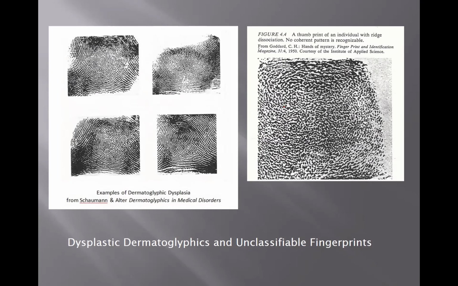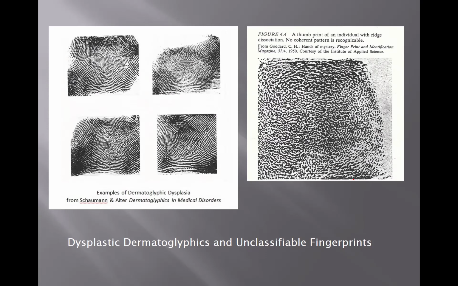With this kind of dissociation of the ridges, they're not coherent as ridges at all. These are extremely unusual, and the examples I've got here from Sharman and Alter's book are basically indications of fingerprint patterns that you find in chromosomal disorders and other conditions which are really quite severe. So they probably point to some genetic disorder, but non-specific.